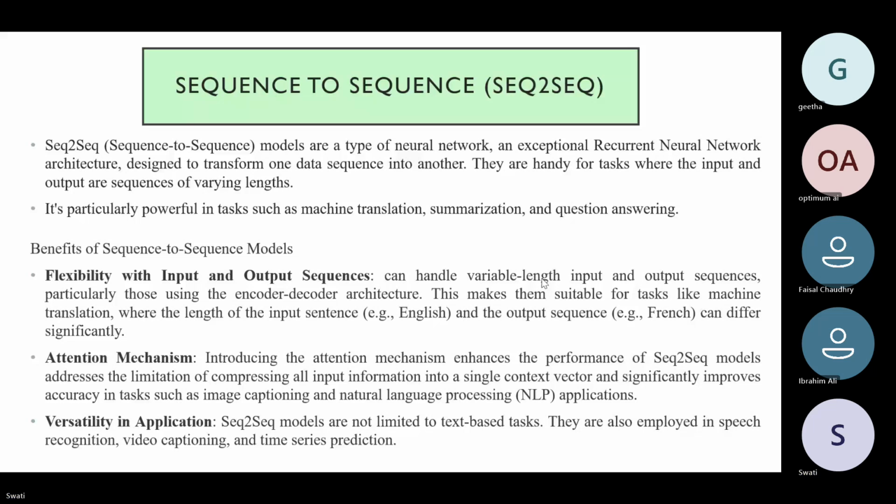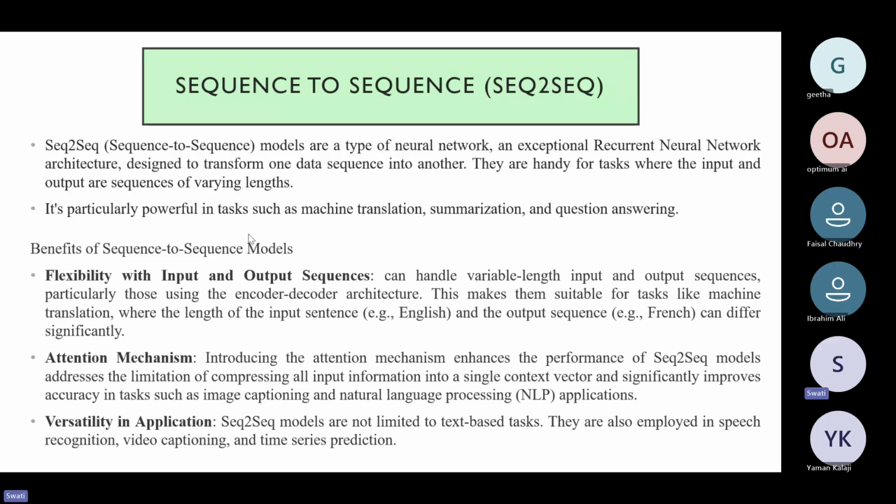This is particularly helpful when your input and outputs are sequences of different lengths, mostly in machine translation. As I mentioned yesterday, when you translate one language to another, suppose you say hello. Hello is just one word, but in Chinese it is ni hao, two words.